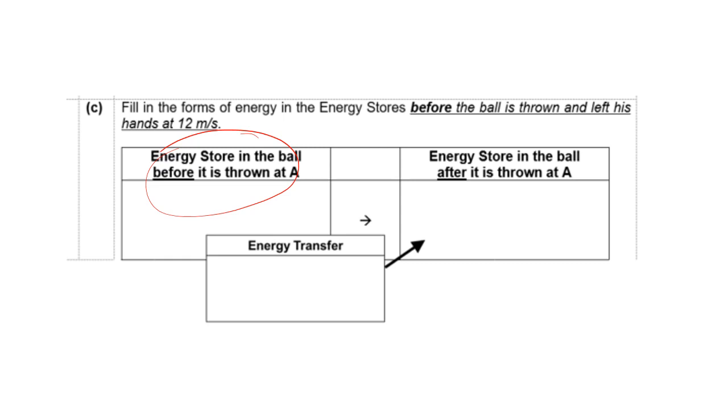In order for the boy to throw the ball, we already established that there needs to be work done as an energy transfer, and therefore after the ball is thrown, just as it leaves the hand at 12 meters per second, we know that the ball possesses kinetic energy as an energy store.